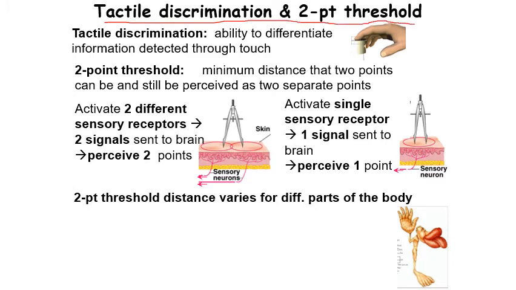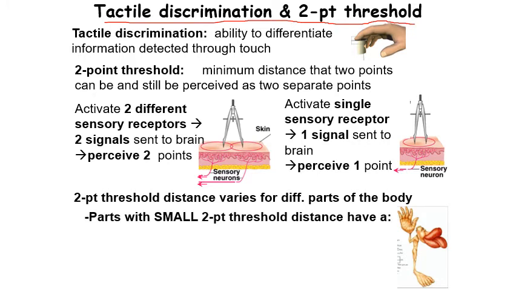This is the ability to distinguish between two points. If you were in lab, you would have taken some calipers, pushed down with them, and gone from a small distance to a wider distance between the two points. What you would be looking for is at what point you feel the sensation as two different points.